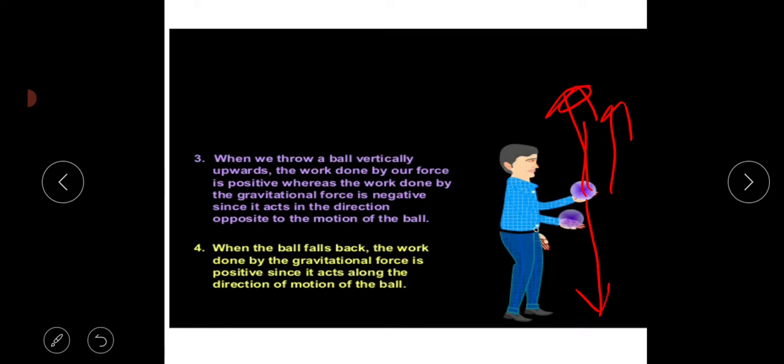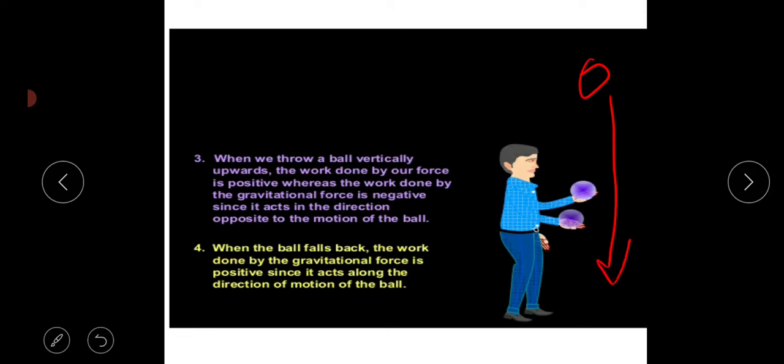When the ball falls back, supposedly the ball is now here, the work done by the gravitational force is positive since it acts along the direction of the motion of the ball. Here is the direction of the gravitational force, and this is the direction of displacement. As they are both the same now, the work done by gravitational force will be positive here.